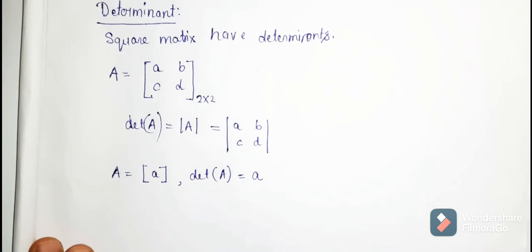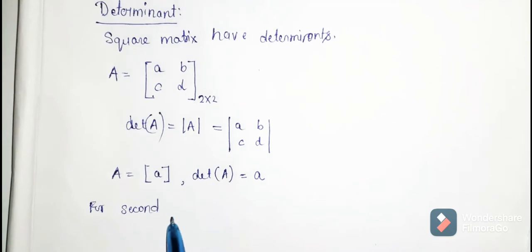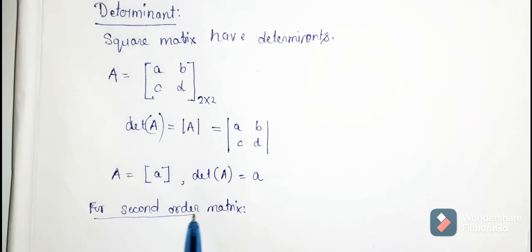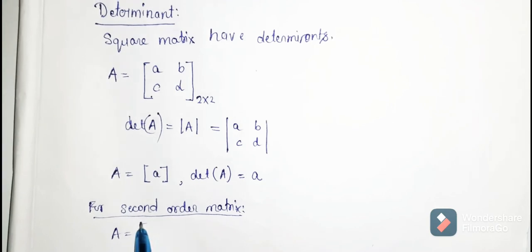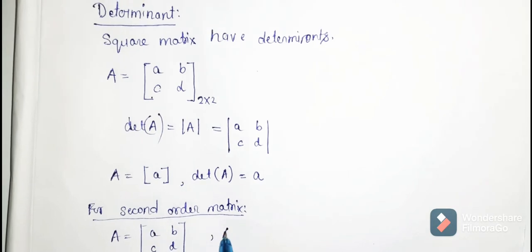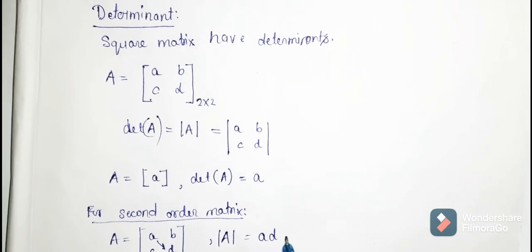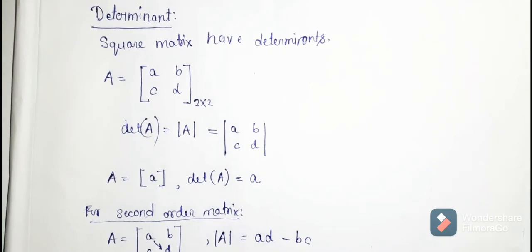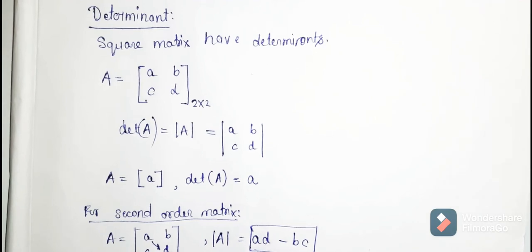And for a second order matrix, suppose this one, a, b, c, d, then determinant of A equals a into d minus b into c. This is the process how we find the determinant of a second order matrix.